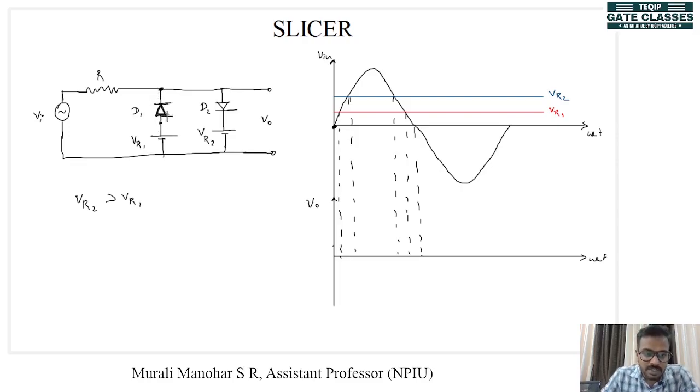When this diode is turned on, what will be the output? Output will be equal to VR1, right? So until our sine wave reaches VR1, that is, until point A, the output will be equal to VR1.